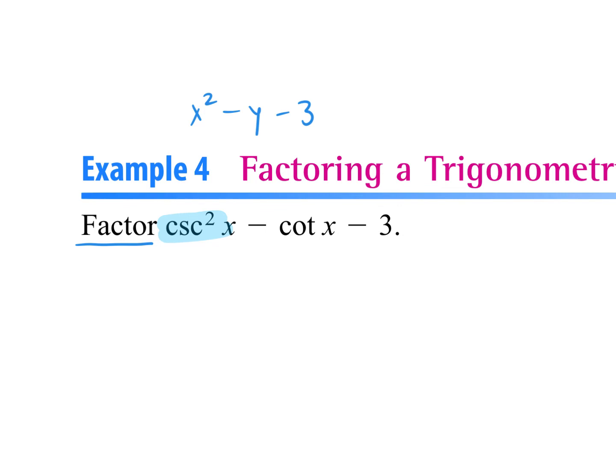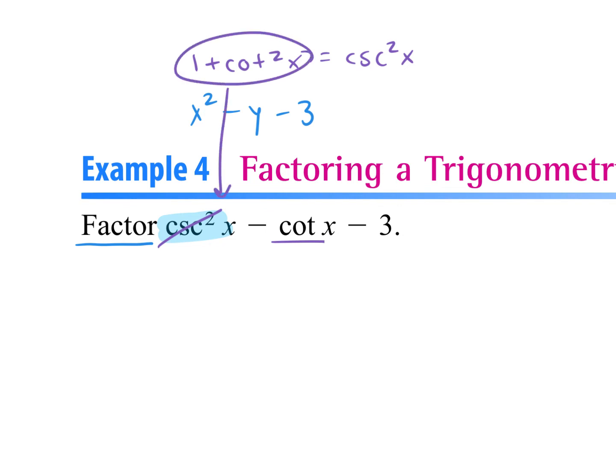So let's go back to slide 1 and look at our Pythagorean identities. So that's perfect because I have a cotangent here. So my trig identity is 1 plus cotangent squared is equal to cosecant squared. So I'm going to replace the cosecant squared with 1 plus cotangent squared.